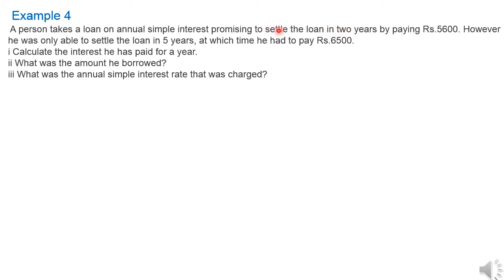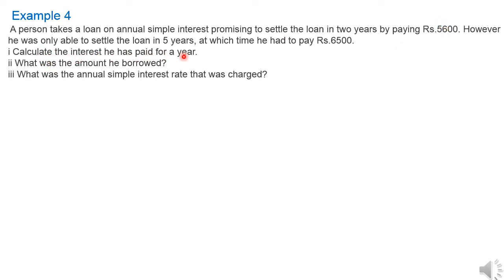Settling the loan means, student, he should pay the loan and the total interest. So he could settle the loan in 2 years by paying 5,600. However, he was only able to settle the loan in 5 years, at which time he had to pay 6,500 rupees. So you have a better idea about the total amount, student.